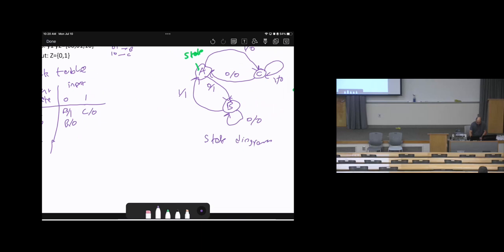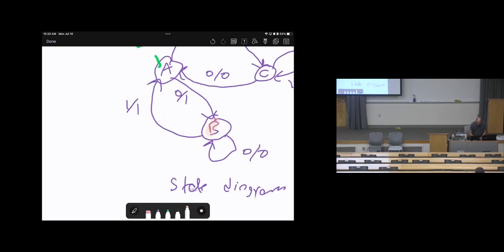However, if the input is 1, where will it go? Here it is B. So in B, if the input is 1, it will go to A, and the output will be 1 as well.